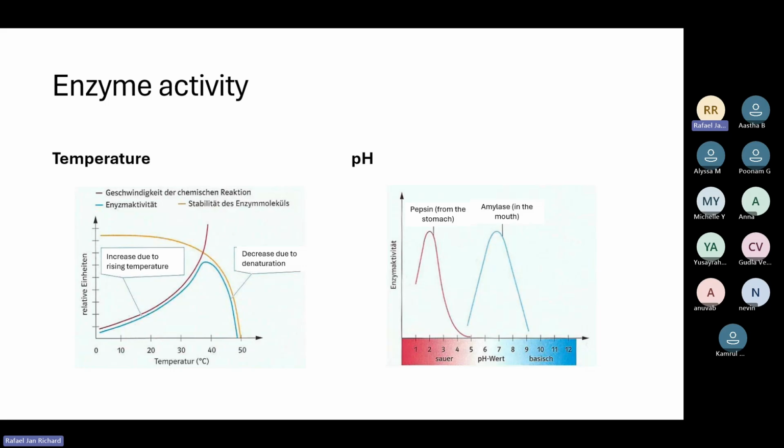So the hotter it gets, it will eventually get to a point which is usually 40 degrees Celsius. There, the reaction rate will decrease dramatically because the enzymes are being destroyed by the heat.